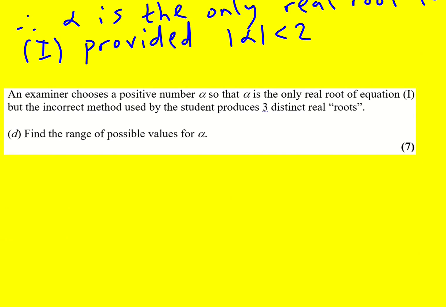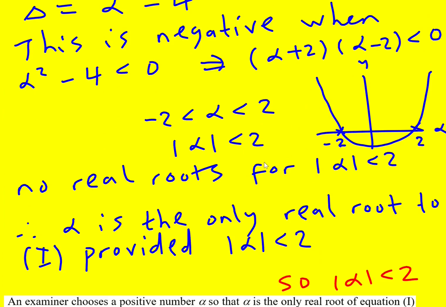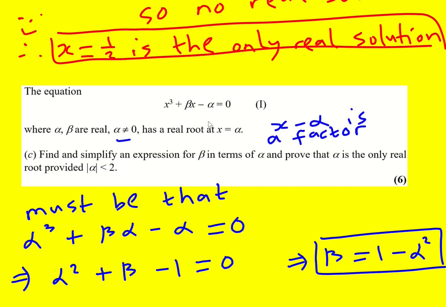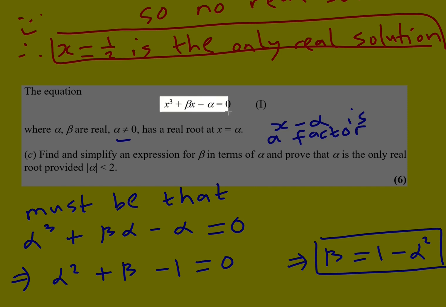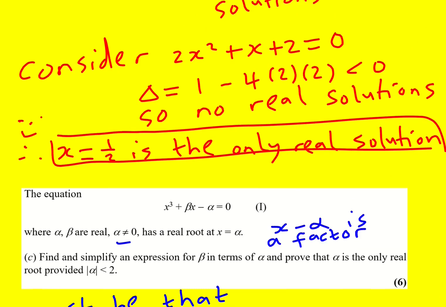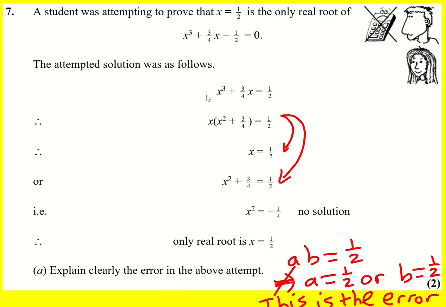Alright, first things first. It says an examiner chooses a positive number alpha so that alpha is the only real root of equation I. So it must be that the modulus of alpha is less than 2. But the incorrect method chosen by the student produces 3 distinct real roots. So we need to start off with this equation again, but this time we're going to be using the student's incorrect method.